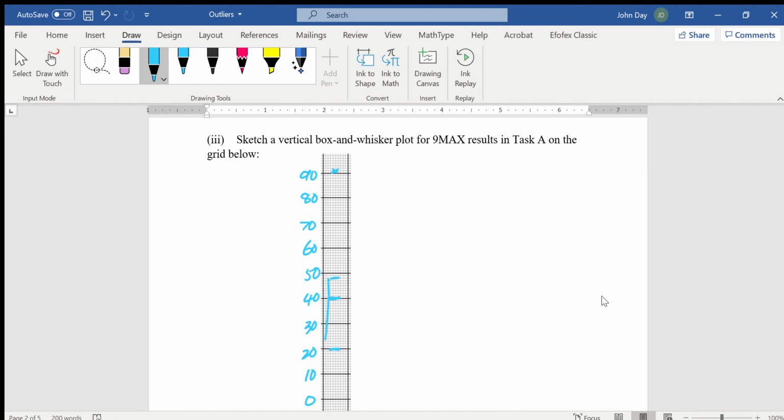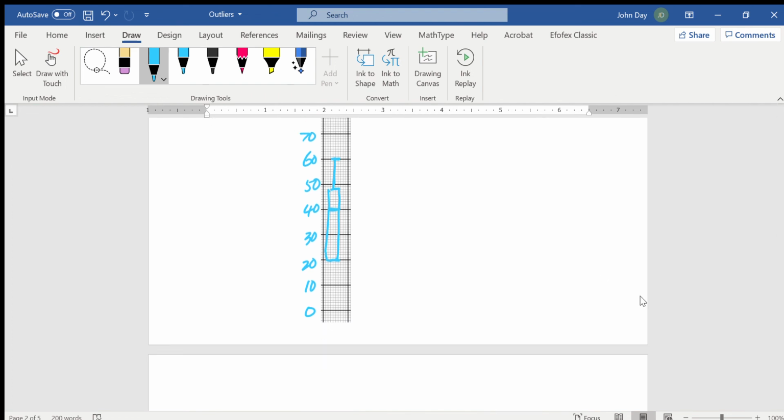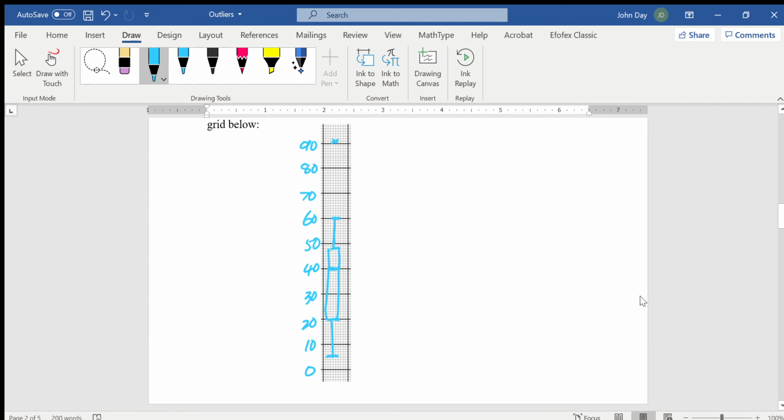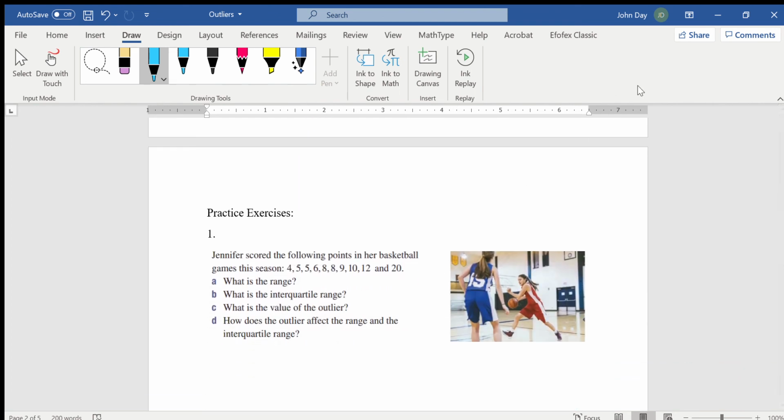So there's your box. And your whisker that goes upwards is only allowed to go to the maximum score that's allowable. Since 90 is the biggest you can be, we can't use 91, so the next highest was 60. And the lowest score was 5, so we are allowed to go down to 5. So there's your box and whisker plot there. You can see your outlier just being marked with a cross there. All right, so good luck with those practice exercises.